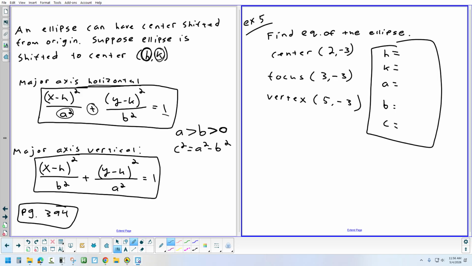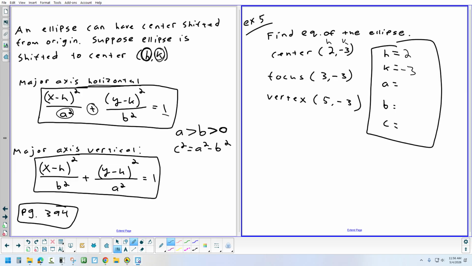What's one letter up there that we know? Yeah, what's H? 2. Good. H is 2. What's another letter that we know? Yeah. K. K, what's that? -3. K is -3. That comes from the center. H, K.